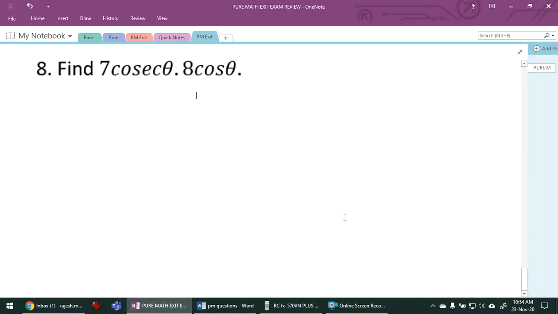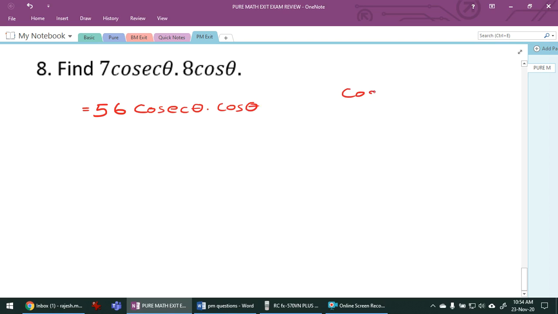Question number 8. Find 7 cosec theta into 8 cos theta. We have two numbers here, 7 and 8. So 7 into 8 is 56. Again we have cosec theta and cos theta.